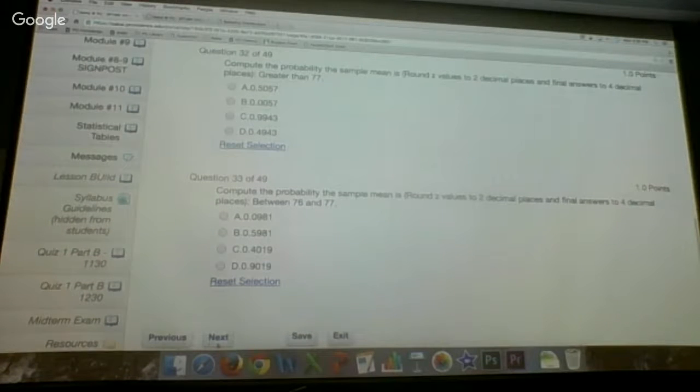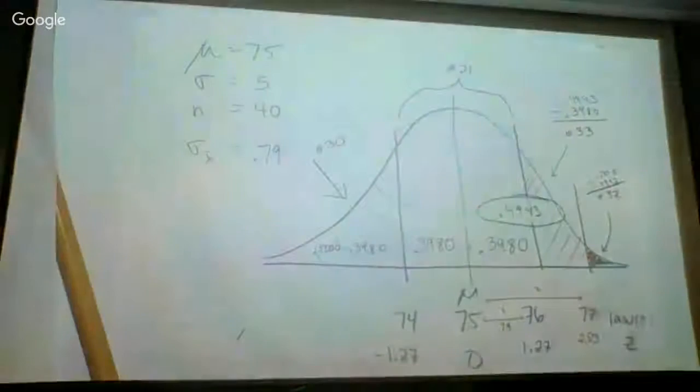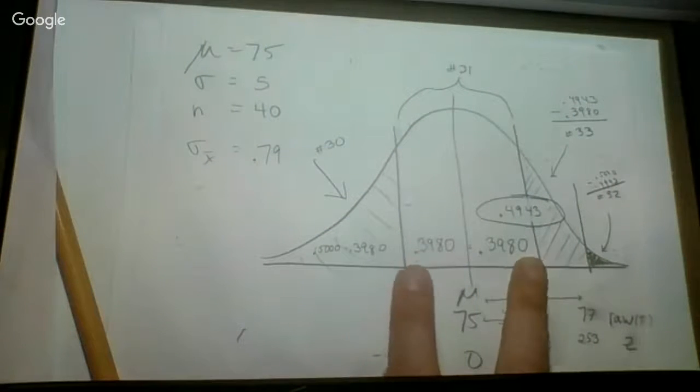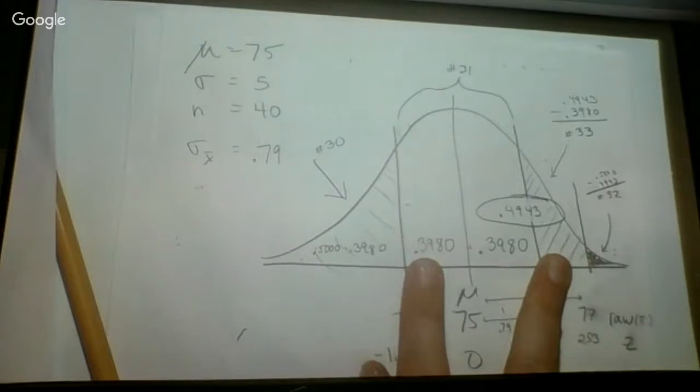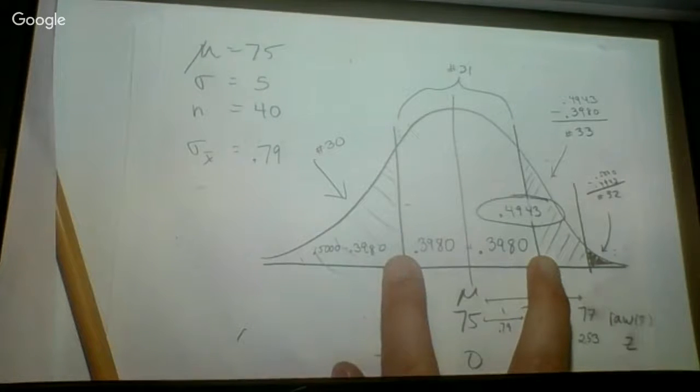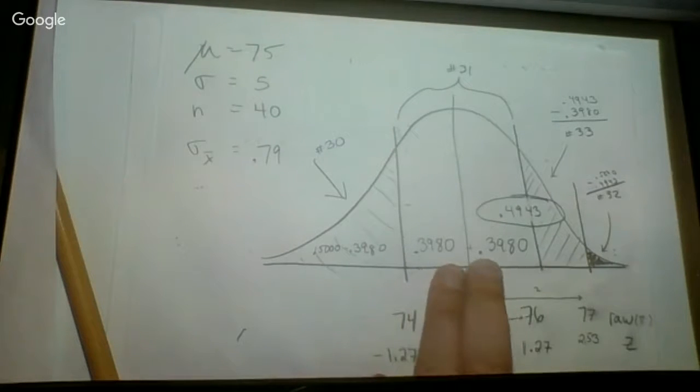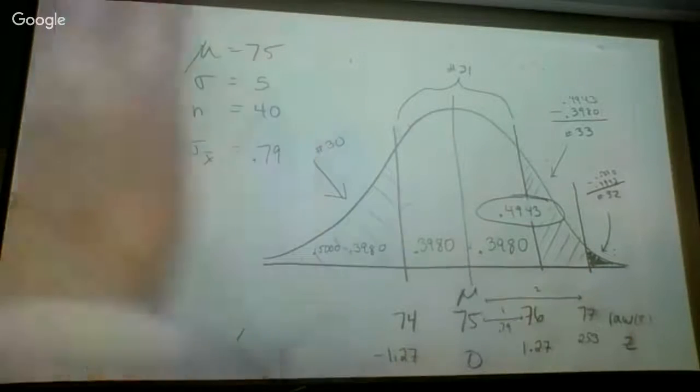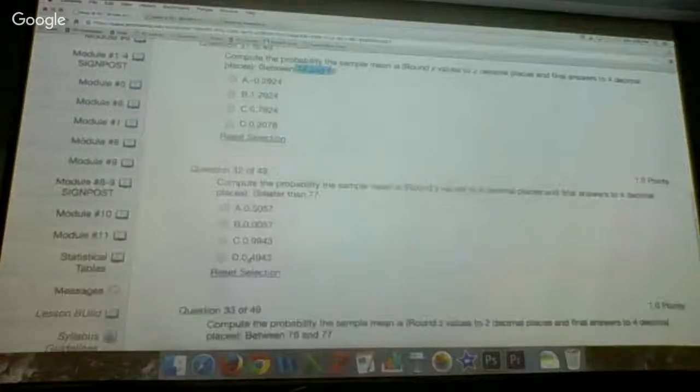What was the answer to 31? Oh, I don't know. Looks like, would you just add the two together? Yep. Okay. So probably something around 80%, 79.6%. Okay. Is there something in 31 that says that? Yeah, 0.7924.